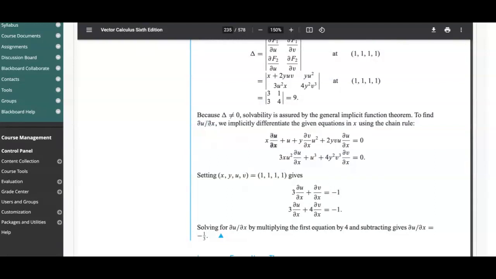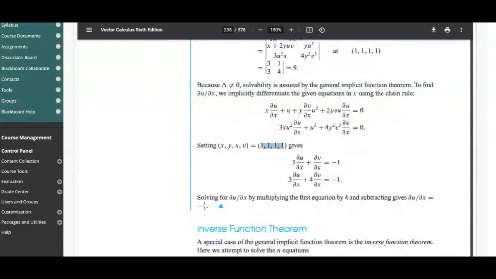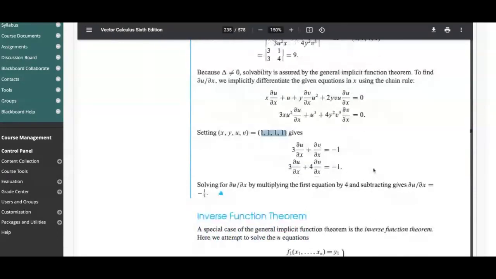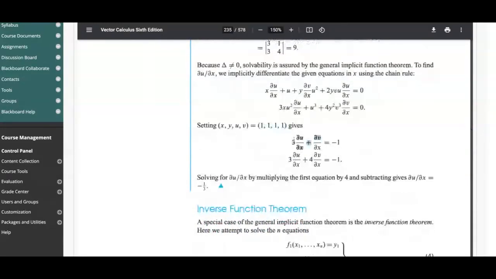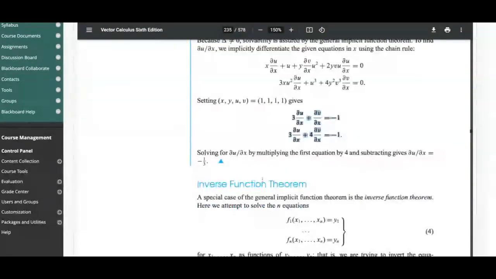We differentiate that, we get this equation. We simplify the second equation, we get this one, right? Then again, evaluate at 1, 1, 1, 1, so we get these 2 equations, 2 equations with 2 variables we can solve.